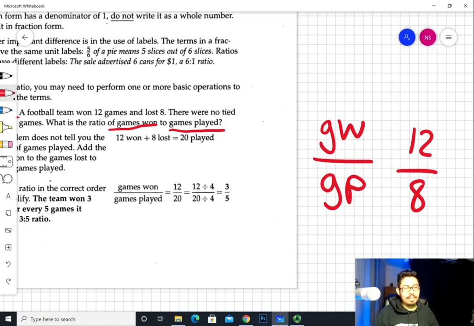Come on, y'all. Yes, you can. All you got to do is add 12 plus 8, and that'll give you the total amount of games played. The total amount of games played overall was 20.